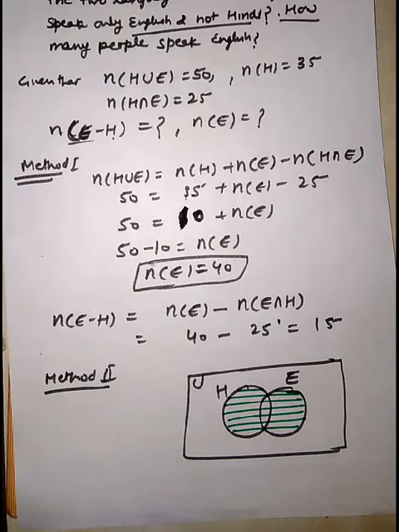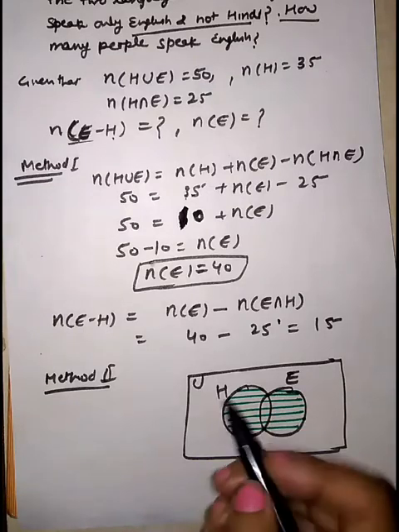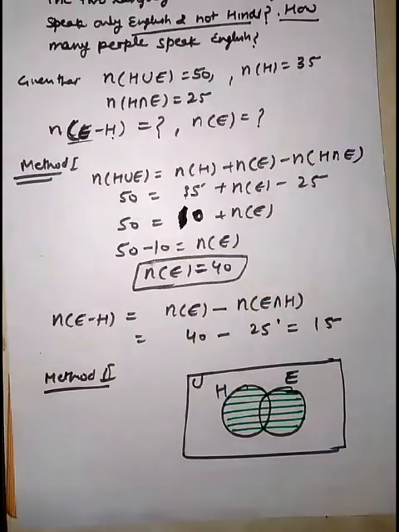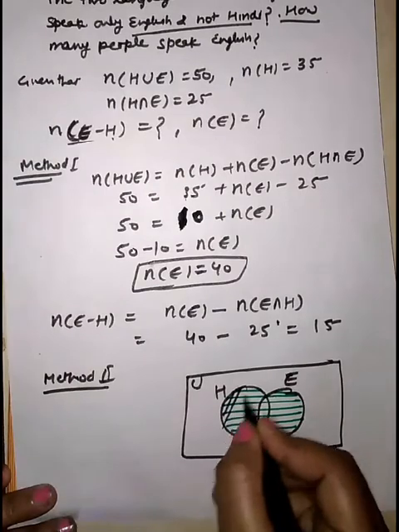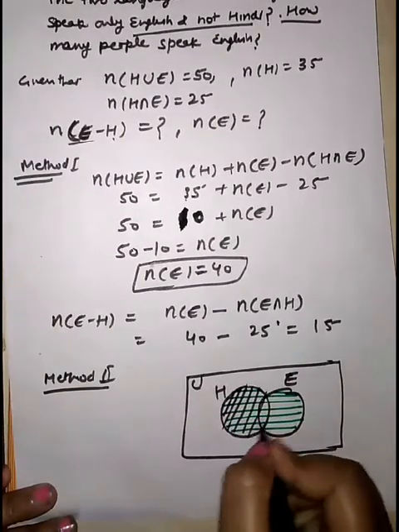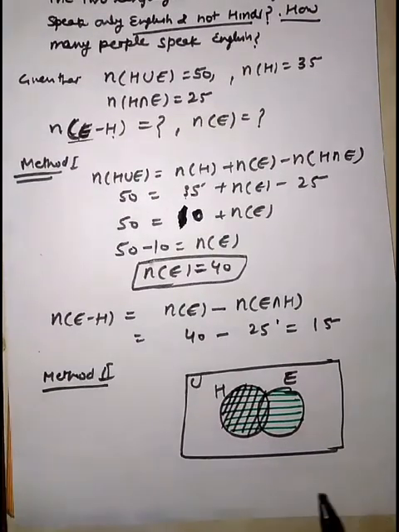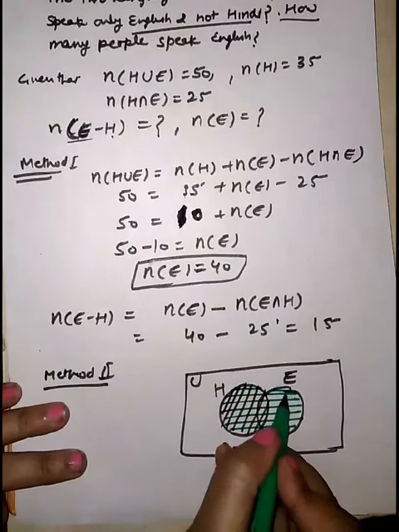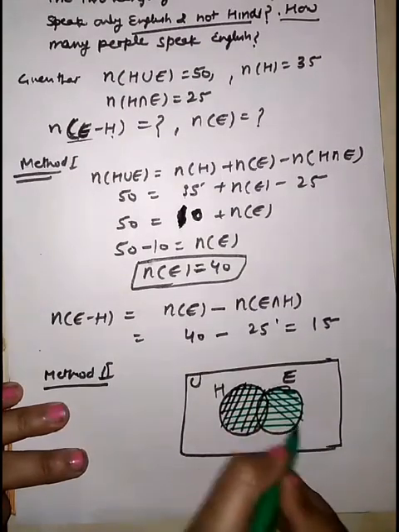Now, this value is 50 and n(H) is given as 35. It means this one is 35 total.